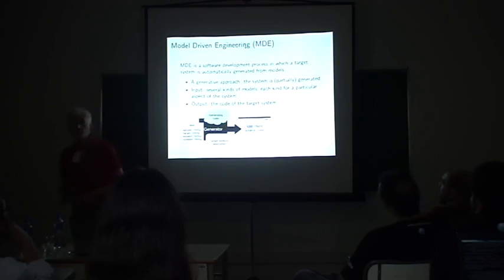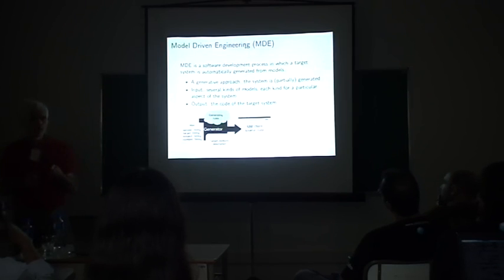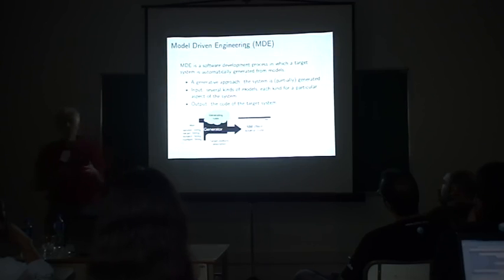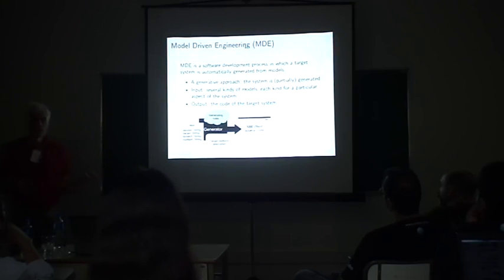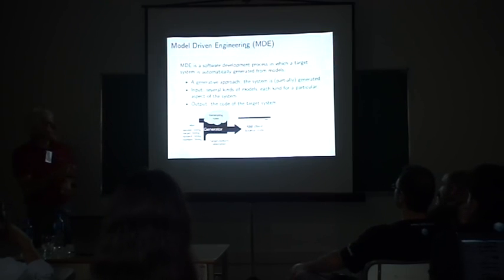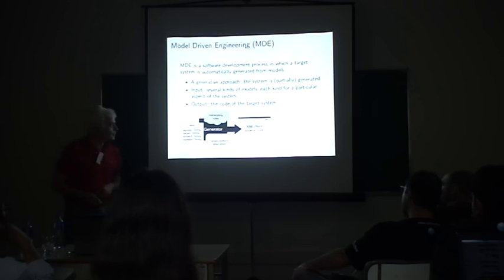What is model-driven engineering? It's a software development process where the system is not directly developed by hand, but automatically generated from different kinds of models. So it's basically a generative approach for software development.